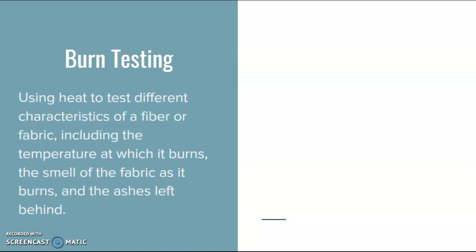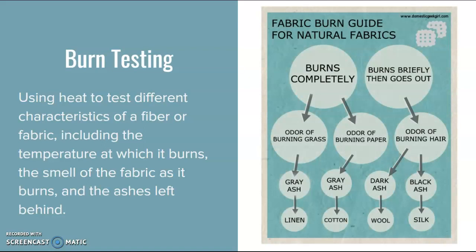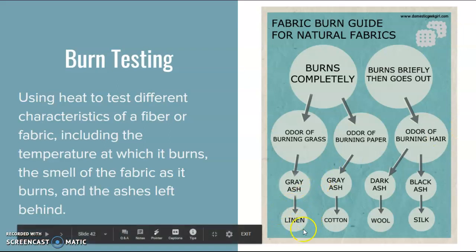Burn testing involves using heat to test different characteristics of a fiber or fabric, including the temperature at which it burns, the smell of the fabric as it burns, and the ashes left behind. So here is the fabric burn guide for natural fabrics. If the fabric burns completely and it has an odor of burning grass and gray ash, then it is linen.